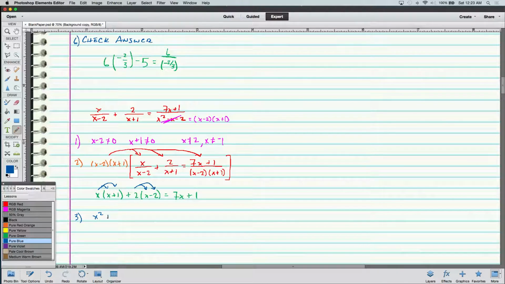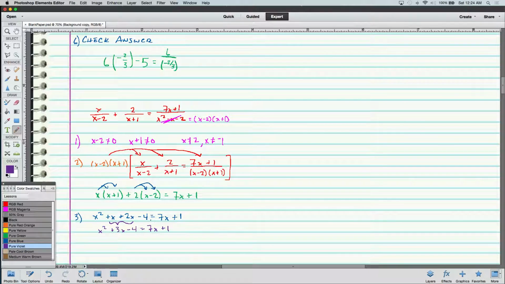So x squared plus x plus 2x minus 4 equals 7x plus 1. Looking at our common terms on the left side, we have an x and a 2x, which gives us 3x total. So x squared plus 3x minus 4 equals 7x plus 1.